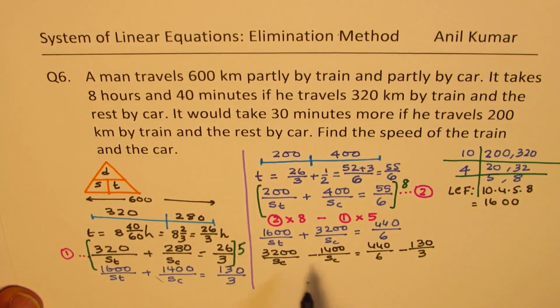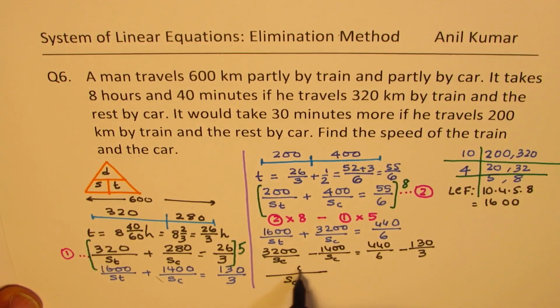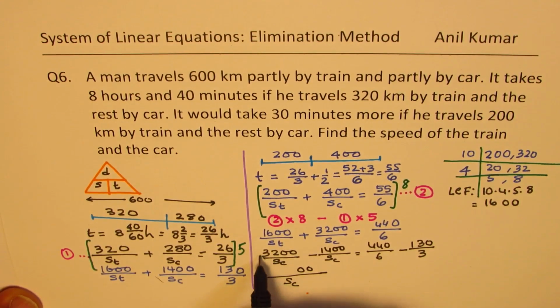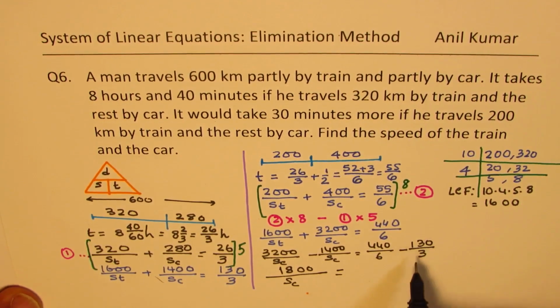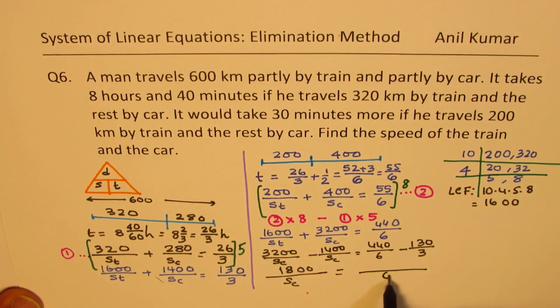Now you can take the common denominator, which is speed of car. And when you do 3200 minus 1400, what do you get? 12 take away 4 is 8. 2 take away 1 is 1. On this side, now what we need to do is we need to multiply this by 2, right? So what we get here, common denominator 6, 440 minus 2 times this is 260.